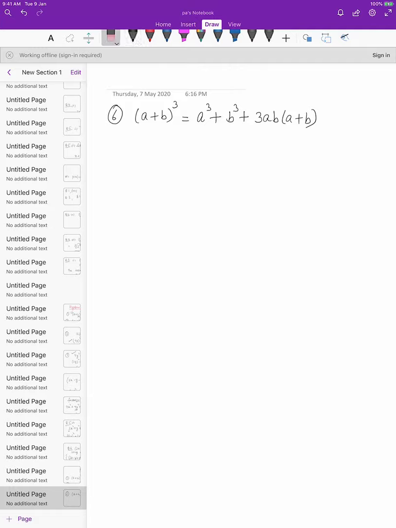Normally we write b cube in the end, so let's rewrite it. In most of the books you will see the identity like this, 3ab into (a plus b). Or if I open it out, this will become a cube plus 3a square b plus 3ab square plus b cube.